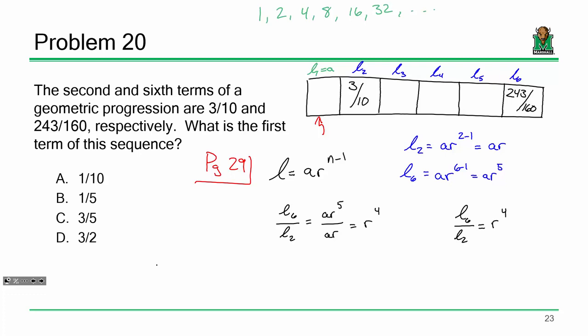Would you agree then that L6 over L2 is 243 over 160 divided by 3 over 10? Dividing fractions means you flip and multiply.